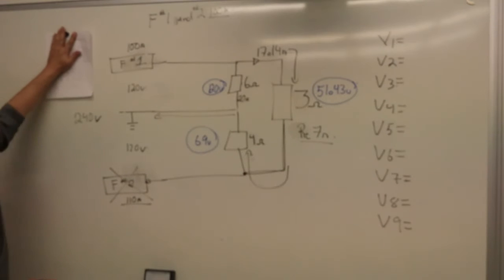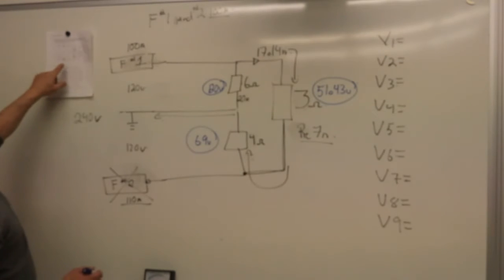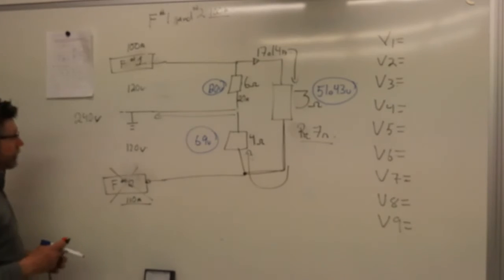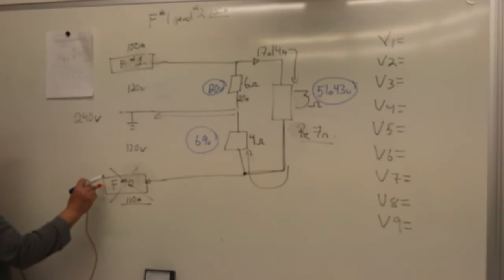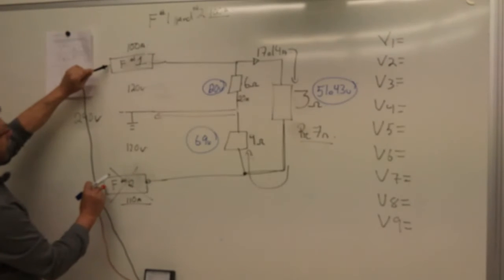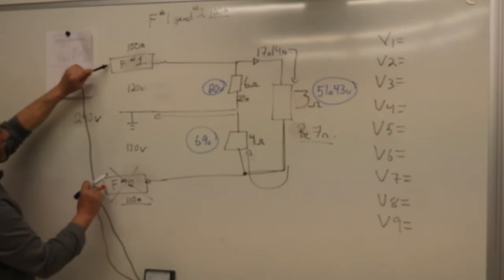Now let's have a look at which voltmeter. If I take a voltmeter, and this is a live circuit, and I go to the hot side of fuse 2 and the hot side of fuse 1, they're calling that voltmeter 1. I'm still expecting to read 240 volts.